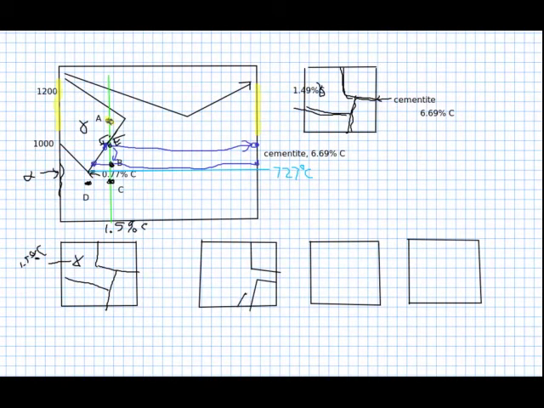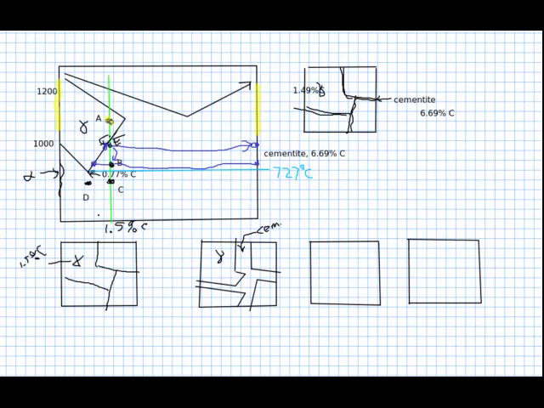So it looks like the grain boundaries are a little bit thicker with cementite. So this is the austenite, oops, and this stuff here is the cementite.